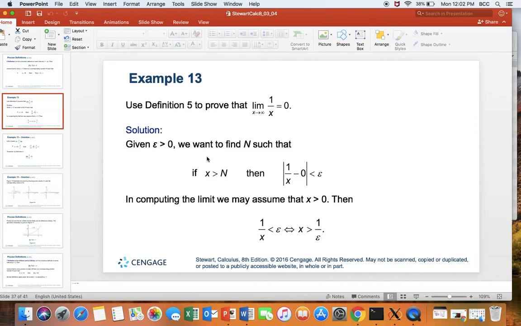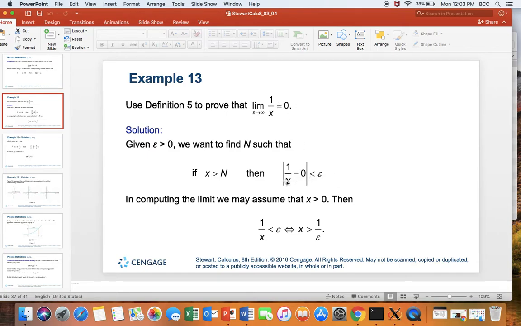Here is an approach using precise definition. Given epsilon greater than 0, so take any number greater than 0. You want to find capital N such that if x were large enough, then the distance between 1 over x and 0, that's your limit, is less than epsilon.